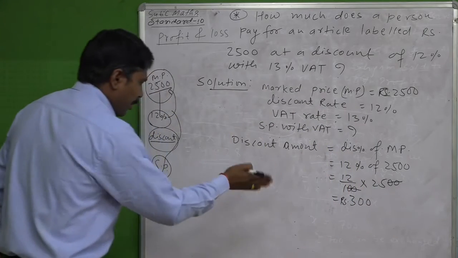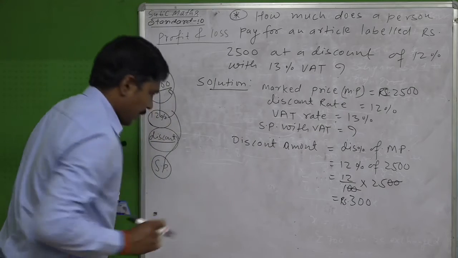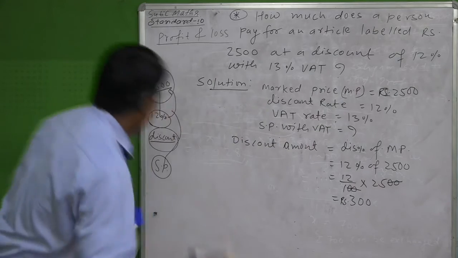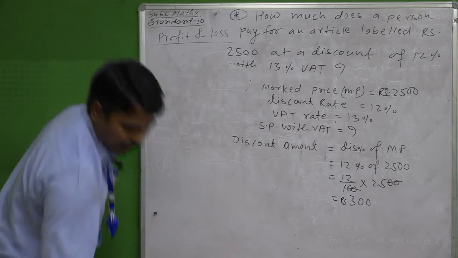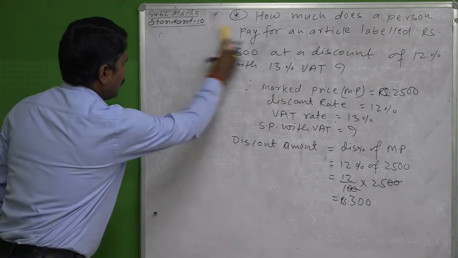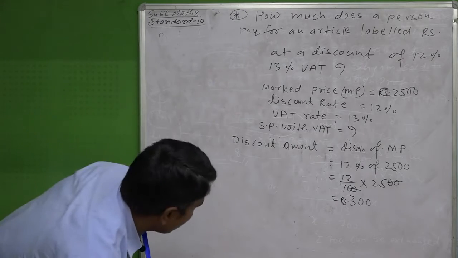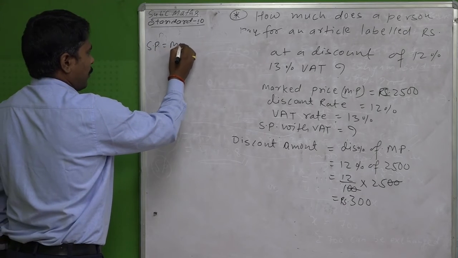Now if you subtract this discount amount from the MP, you will get the SP, the selling price. See here, now you find the selling price from the MP.